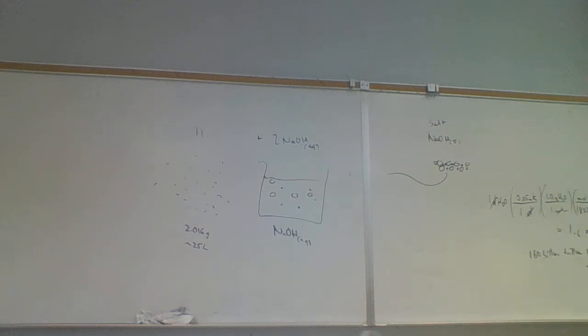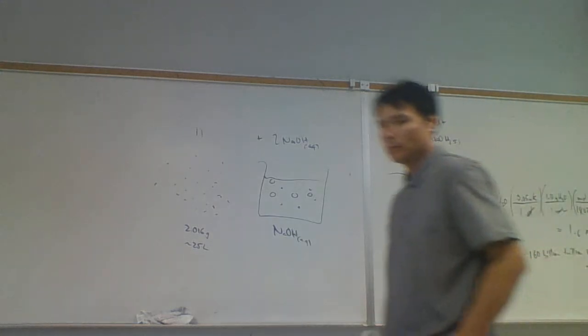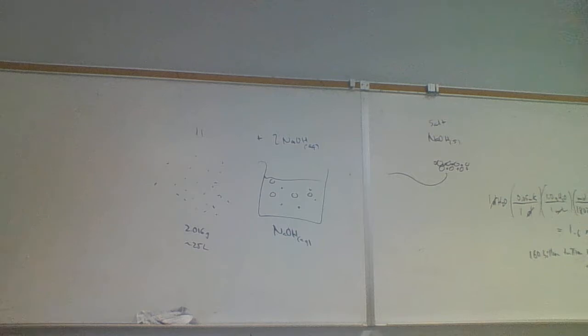They're all anions. Before we look at the anions, the first step is to look at the cation. So step 1, check the cation first. If the cation is group 1 or ammonium, then these are soluble.